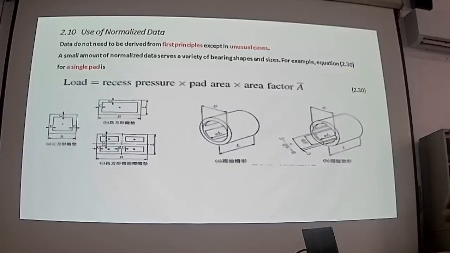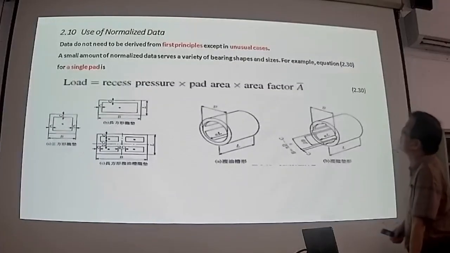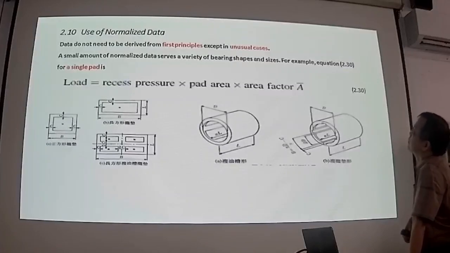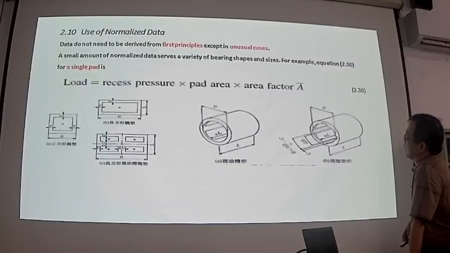So we have here the equation for the load capacity equal to the recess pressure multiplied by the net area, the bearing net area, and multiplied by the area factor.